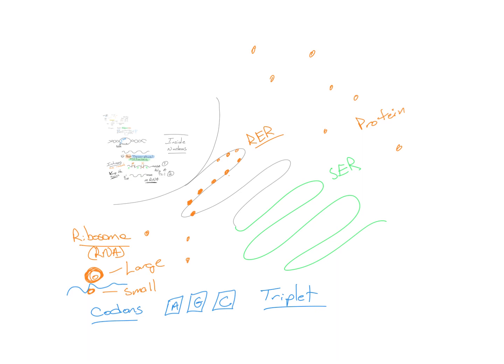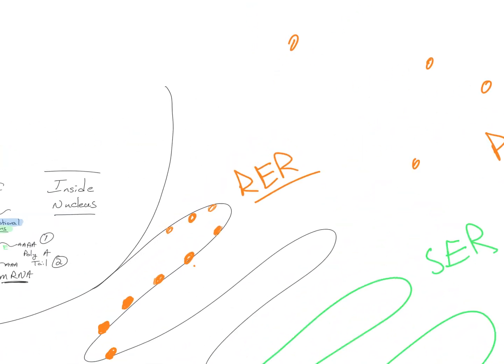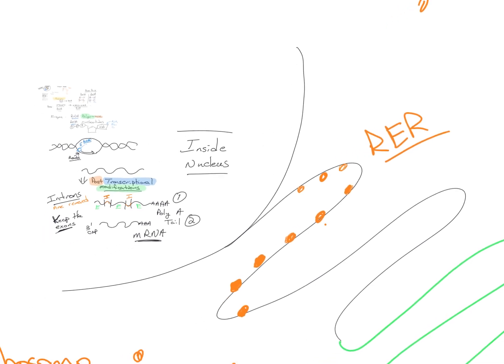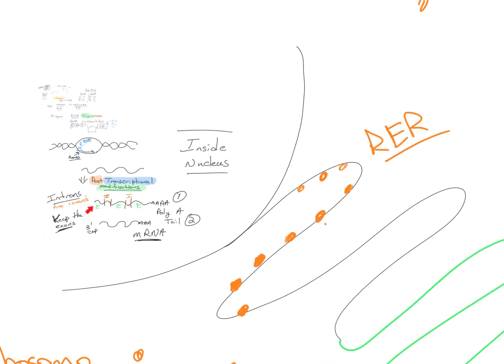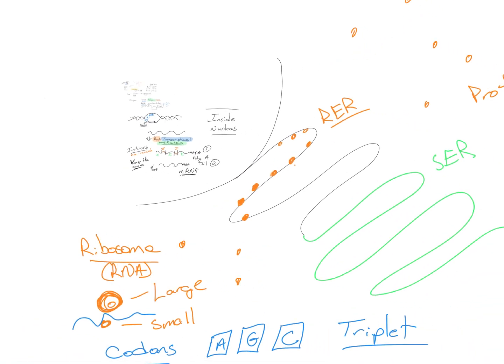If one of the post-translational modifications, if part of the code, is a little message that tells the cell it stays in the RER, the messenger RNA will bind to these ribosomes and will get sucked into the RER, rough endoplasmic reticulum.